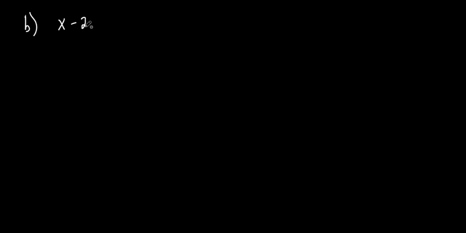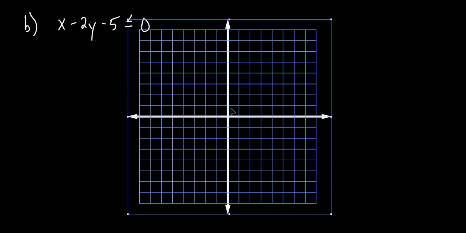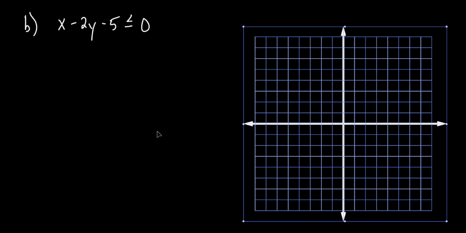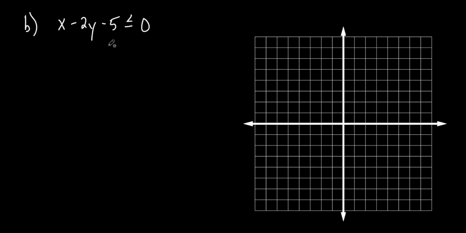x minus 2y minus 5 is less than or equal to 0. All right, in order to graph this, what would you do? I mean, there's a couple options you have, but what would you do? Say what?